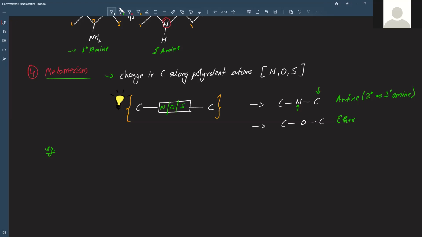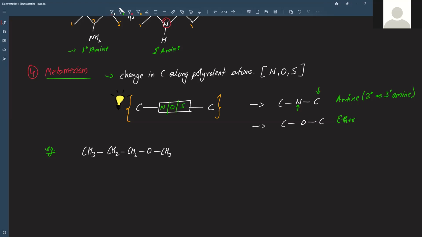Suppose we have CH3, CH2, CH2O, CH3. Now the position can change. What all positions can it take?